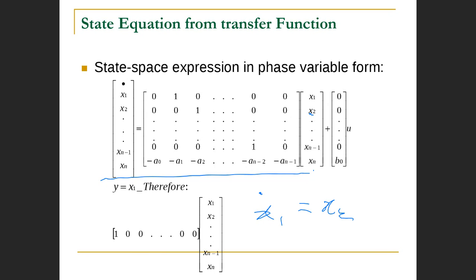We also recall that the output y was equal to x1. So we write the output equation in this way. All the other terms are 0, so you have 1, 0, 0, 0 all the way to the nth, multiplied by the state variables. And in this case, D is also equal to 0.